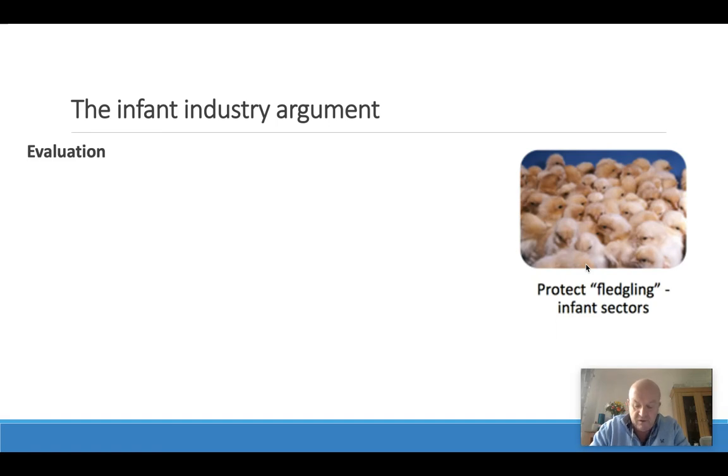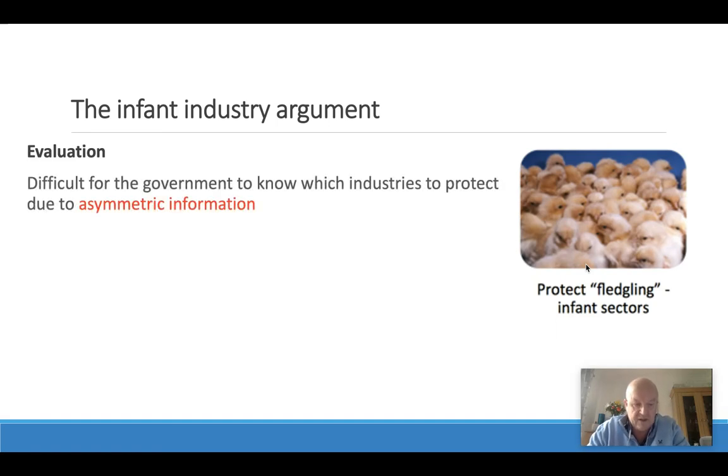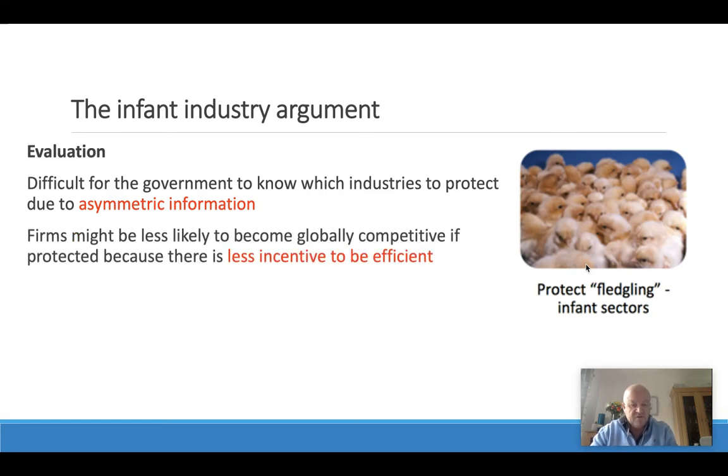Okay. However, again, if we were going to evaluate that, there are always difficulties because the government isn't necessarily going to know which industries to protect, because it's going to probably have asymmetric information. It's not going to have perfect knowledge, and so as a result, it may choose to back the wrong horse. Firms are less likely to be globally competitive if they've got this protection barrier around them.